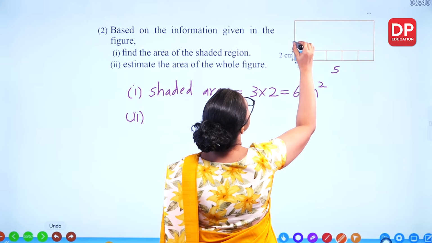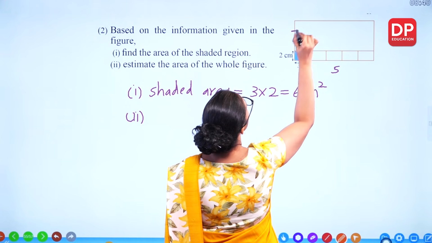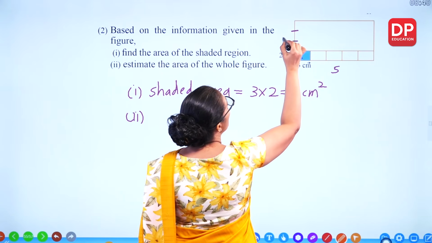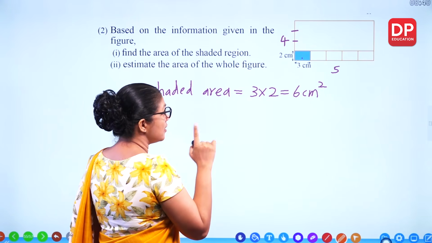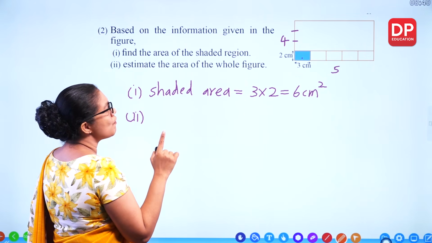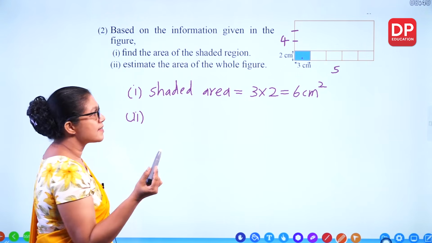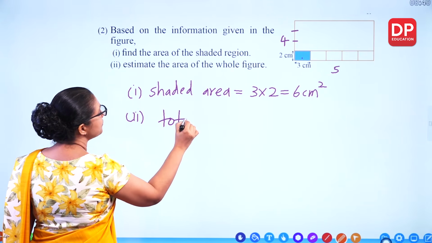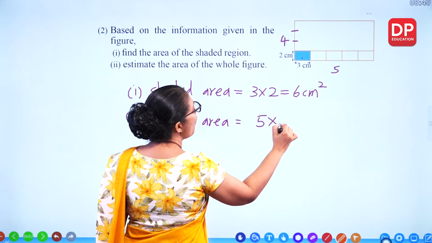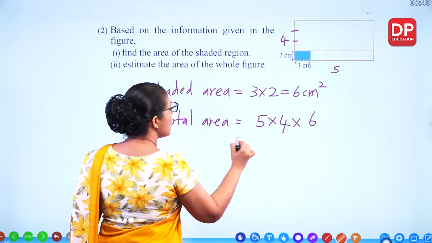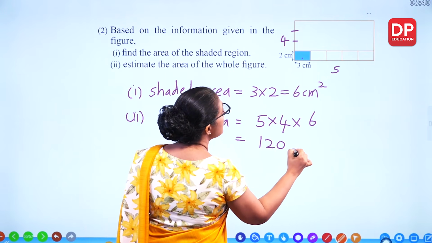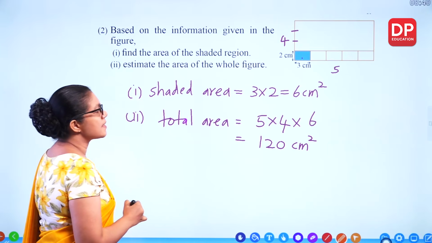So 2 centimeter length, 1, 2, 3, 4. 4 this way. So what's the total number of rectangles you can fit? 5 times 4. And one area is 6. So total area is 5 times 4 into 6. 5 times 4, 20. 20 times 6, 120 square centimeters.